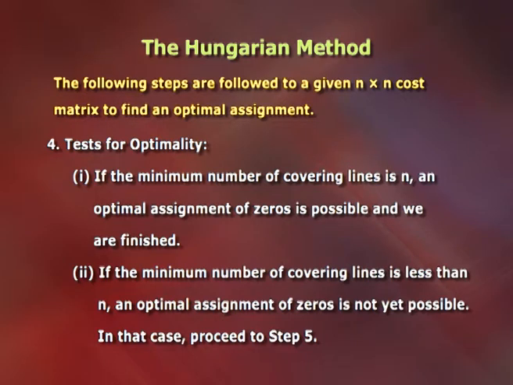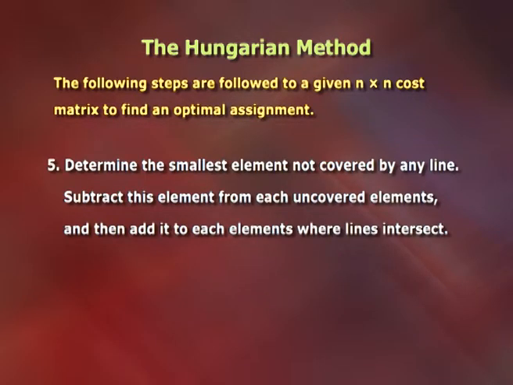Second, if the minimum number of covering lines is less than n, an optimum assignment of zeros is not yet possible. In that case, proceed to step 5. Step 5. Determine the smallest element not covered by any line. Subtract this element from each uncovered element and then add it to each element where lines intersect. Then return to step 3.